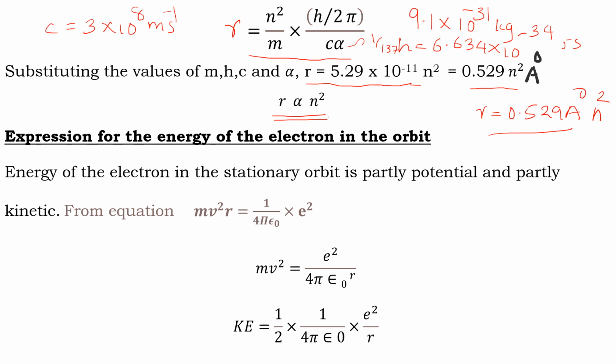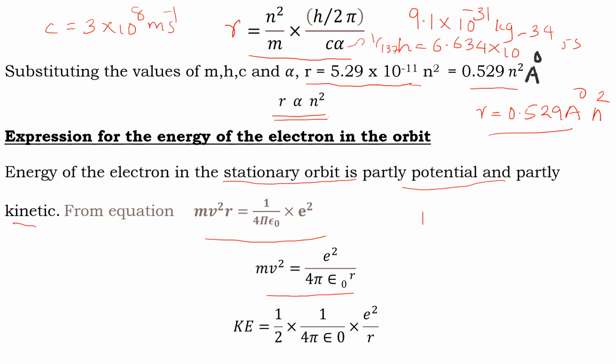Next is the expression for the energy of the electron in the orbit. The energy of the electron in a stationary orbit is partly potential and partly kinetic. From the equation mv square by r is equal to 1 by 4π epsilon 0 into e square by r square, mv square is equal to e square divided by 4π epsilon 0 r.